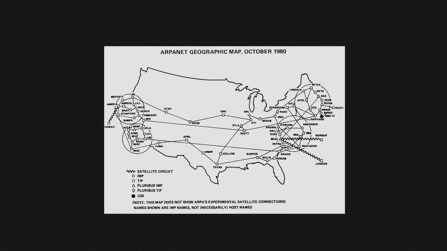TCP/IP was the next generation and was intended to build a network of networks. They originally called that concept internetworking, and it's basically the beginning of the internet as we know it.